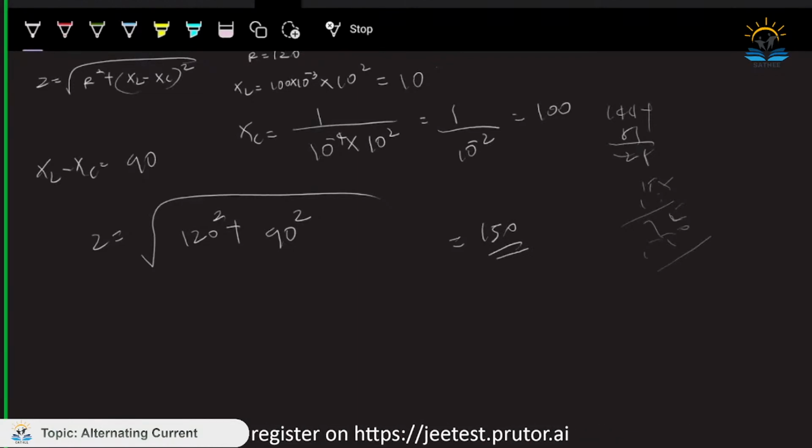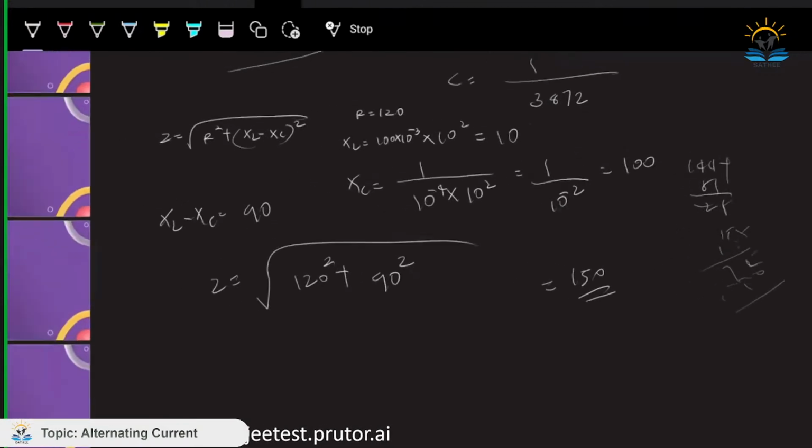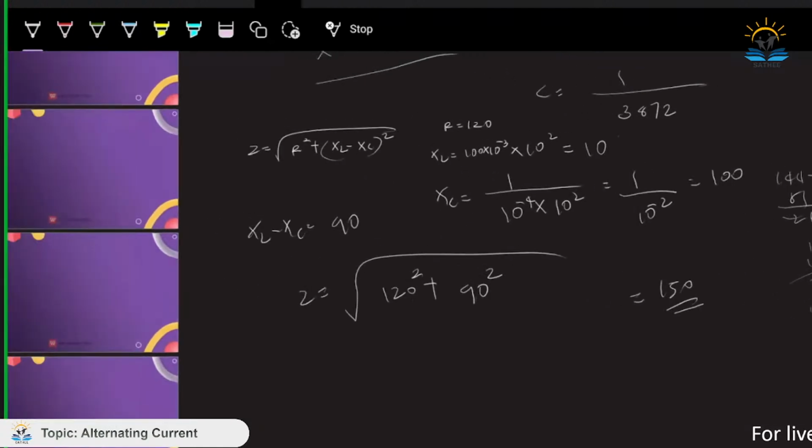But we have to find out peak current. V peak is 30.